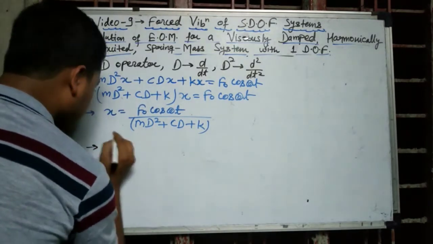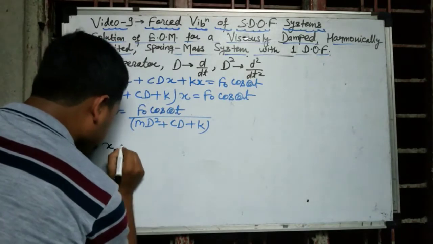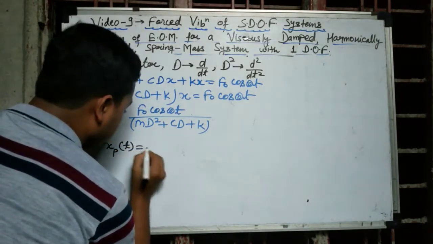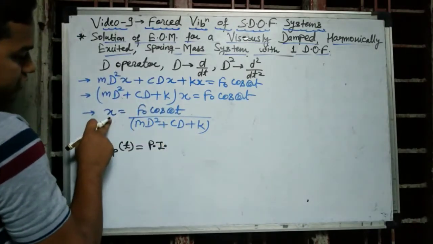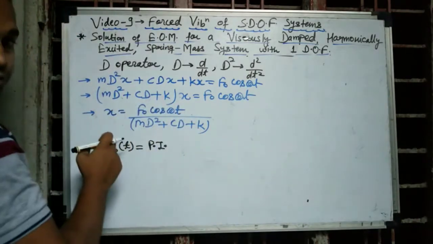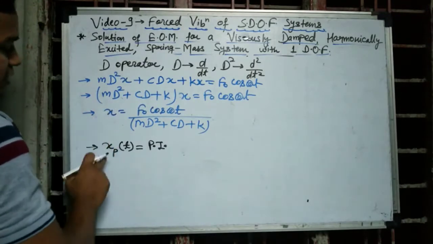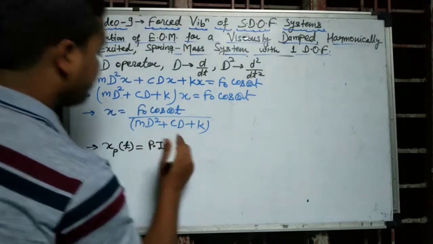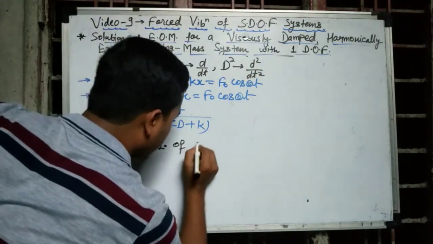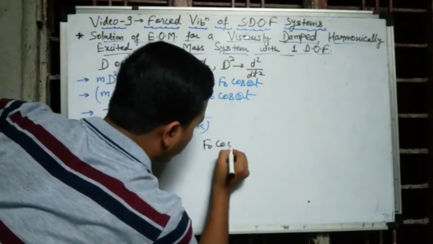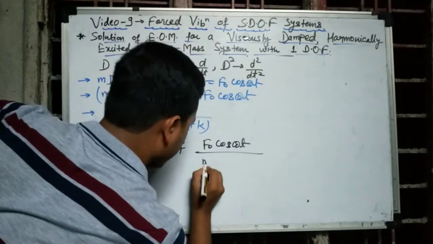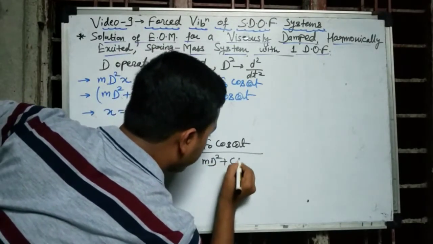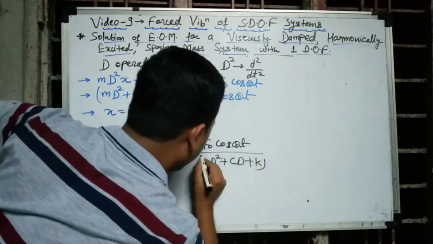Now the particular integral of x will be x_p as a function of time. The particular integral of x will be the particular integral of this entire expression. So the particular integral of x is x_p(t), and that will be equal to PI of F naught cos omega t by (m D square plus c D plus k).